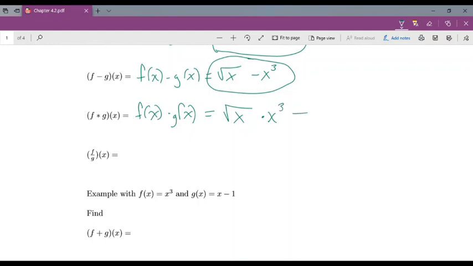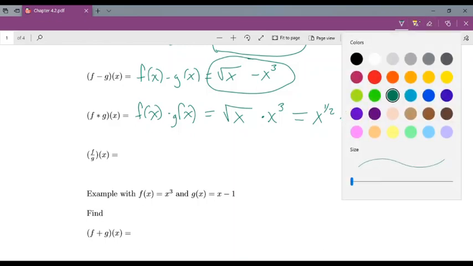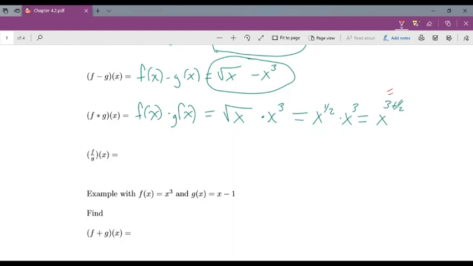Now the square root of x is the same thing as x to the 1/2. When you multiply two things that are the same base, you can just add their exponents. So this is x to the 3 plus 1/2, which we're going to want to reduce, which means you'll have to find a common denominator. 3 needs to have a denominator of 2, so 3 is the same thing as 6 over 2. 6 over 2 plus 1 over 2 is 7 over 2.